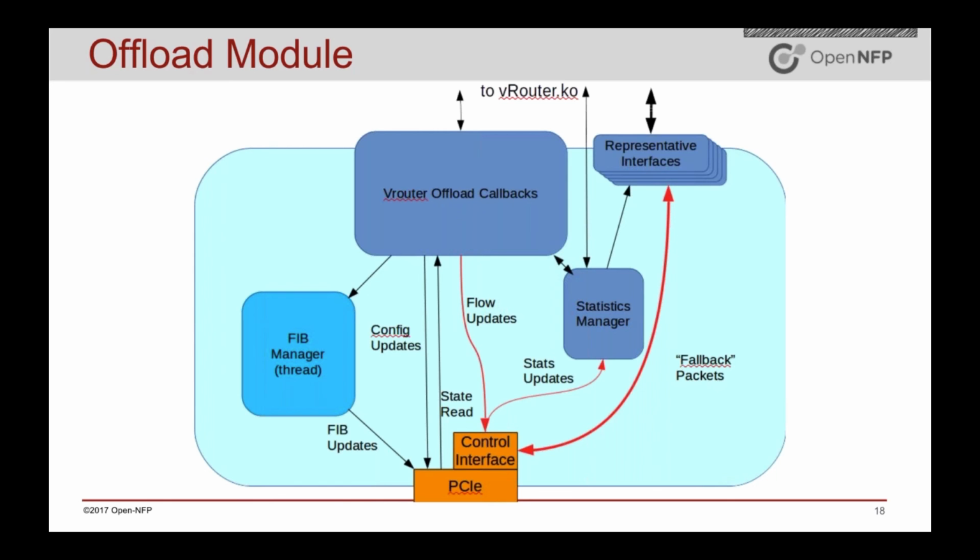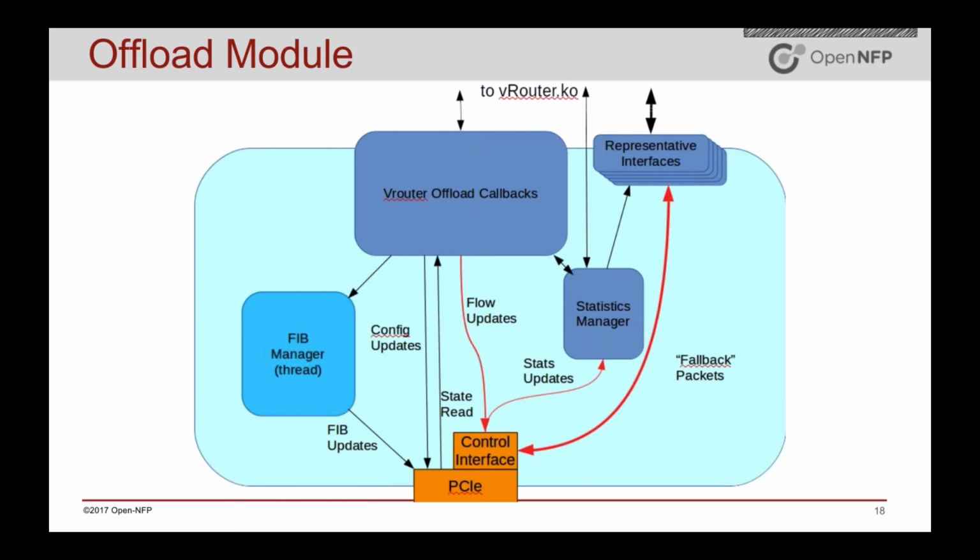So for those kind of operations, instead we actually convert the request into a packet, a special encapsulated packet that we deliver across PCIe to a special virtual NIC that is reserved for this purpose. And so every flow update then gets propagated down to the NFP at packet rates rather than at PCIe read and write rates. And that's this red flow updates arrow that we see here.